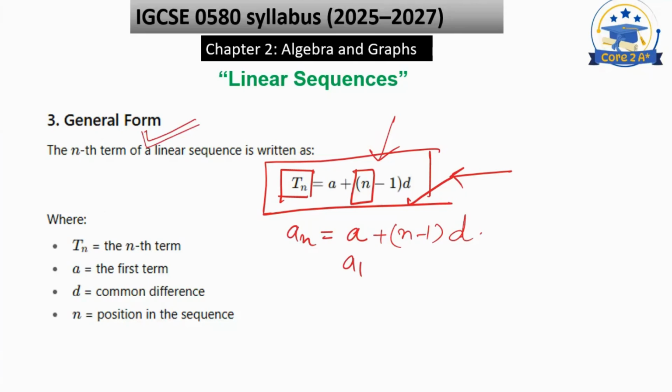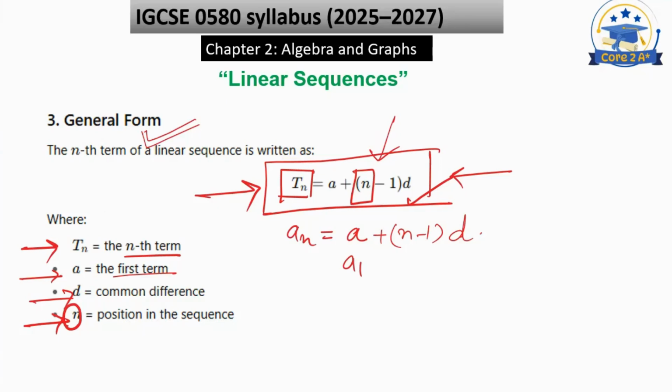That's how you can find your general form in case you forgot this formula in the examination hall. Where Tn is your nth term, A is your first term, D is your common difference, and N is the position in the sequence. What is the position in the sequence? It is first position, second, third, fourth, fifth, sixth. Any position it could be.